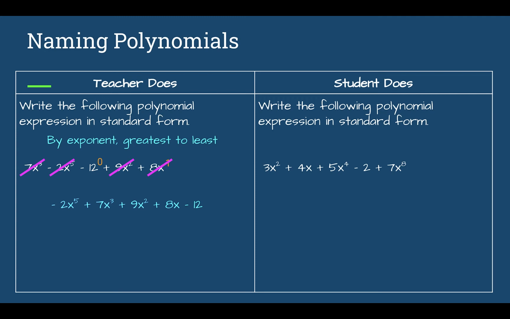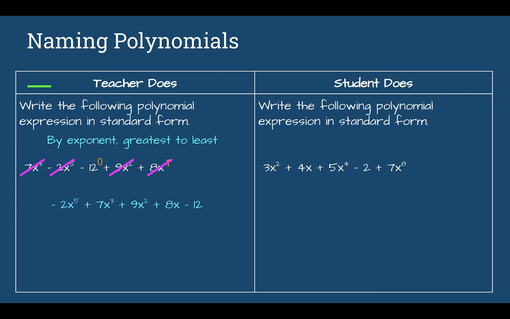If you notice, the constant, the one without any variable at all, will always be last. And the one with just an x or just a y, whatever the only variable, that will always be second to last. The other ones will have exponents, and you should be able to put them in order a little bit easier. It's always that x and the one with nothing at all that are a little bit tricky.